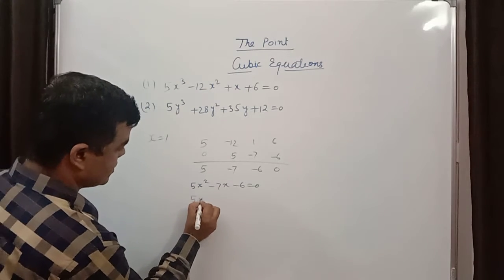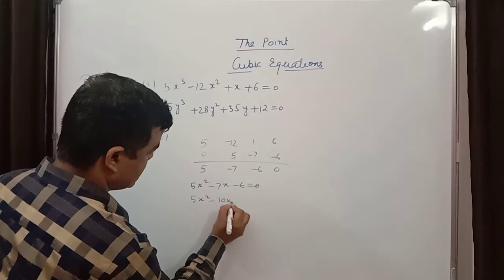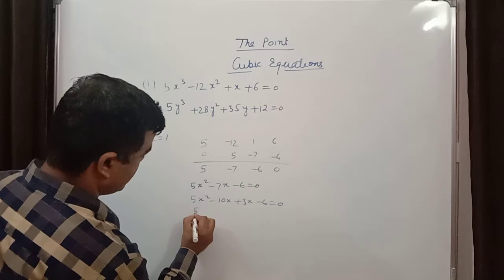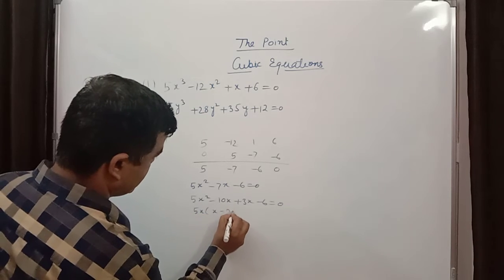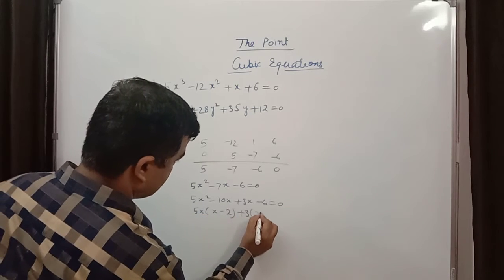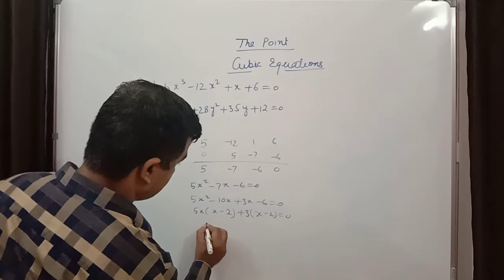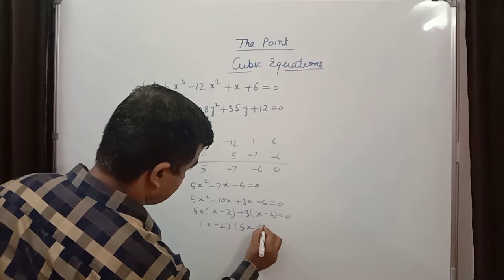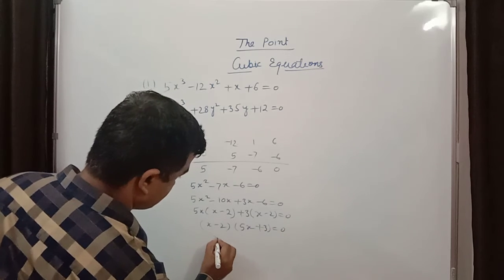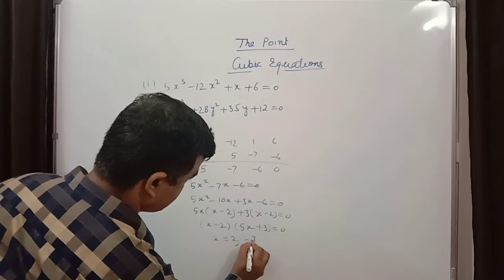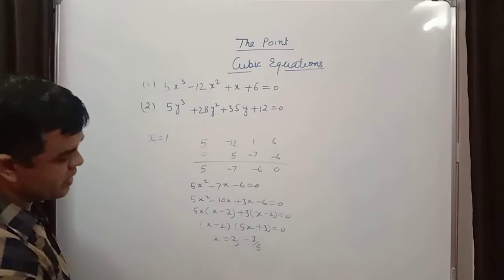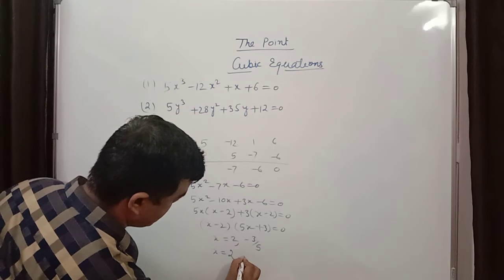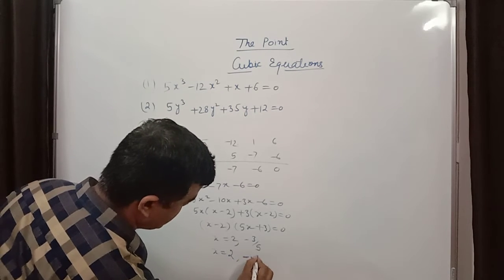So 5x square minus 10x plus 3x minus 6 is equal to 0. 5x into x minus 2 plus 3 into x minus 2 is equal to 0. x minus 2, 5x plus 3 is equal to 0. So x is equal to 2 comma minus 3 by 5. Minus 3 by 5 we can write as minus 0.6.